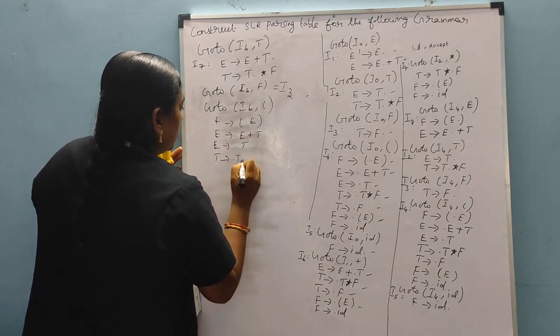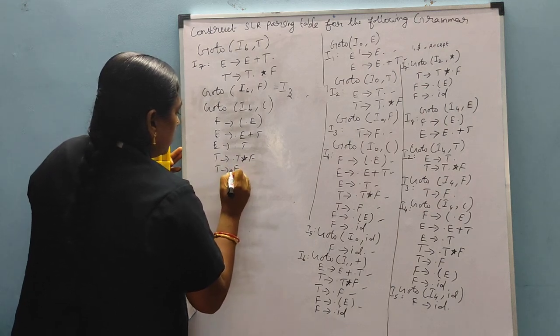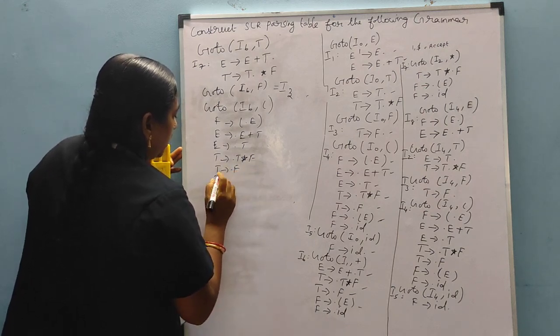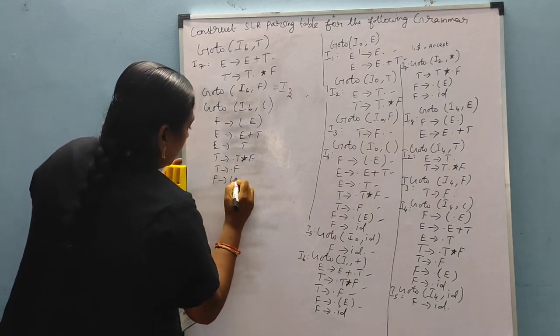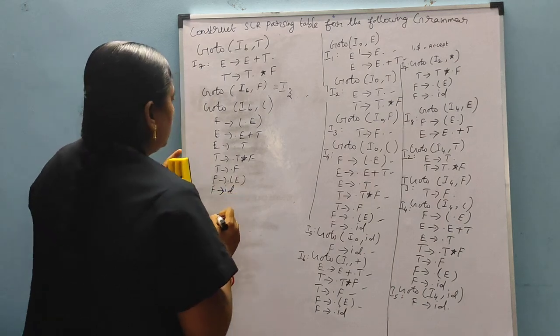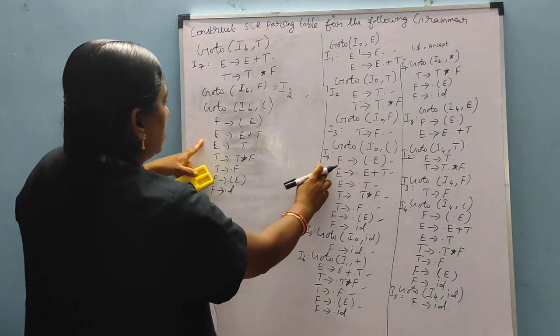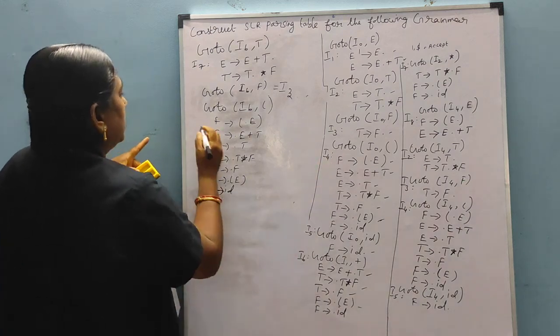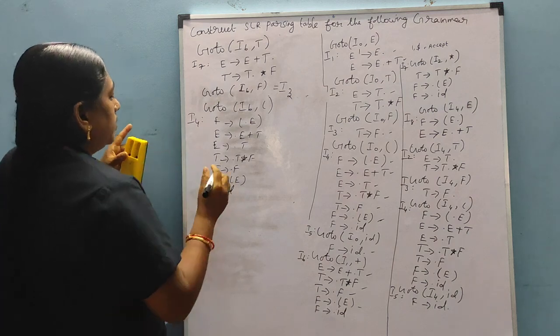T tends to dot T star F, T tends to dot F, F tends to dot open bracket E close bracket, F tends to dot ID. Yes, is this new or existing? This is existing only. So I4 state.